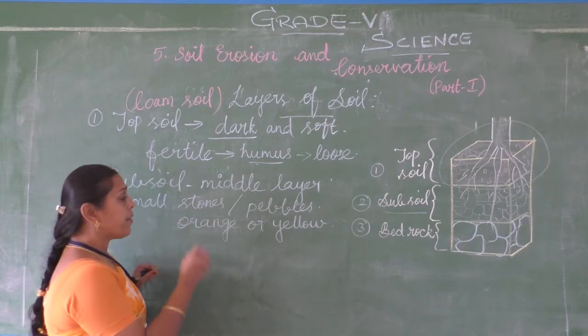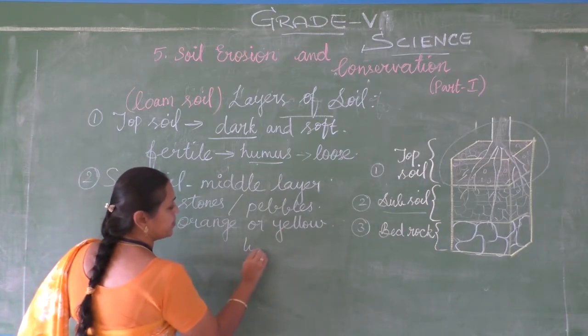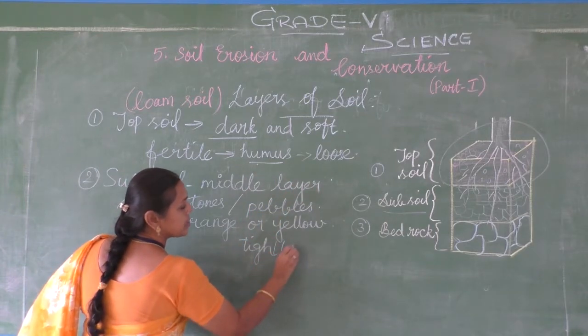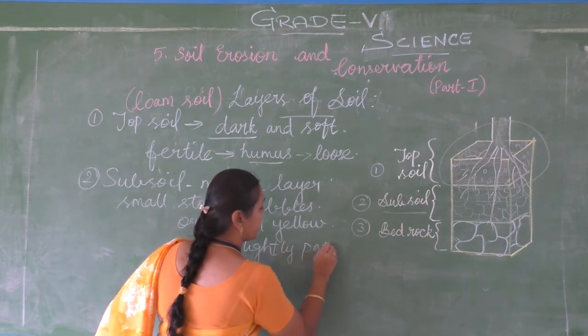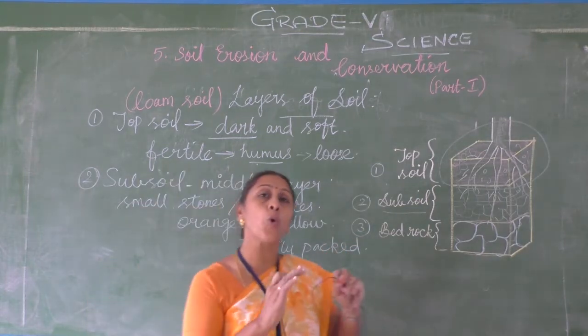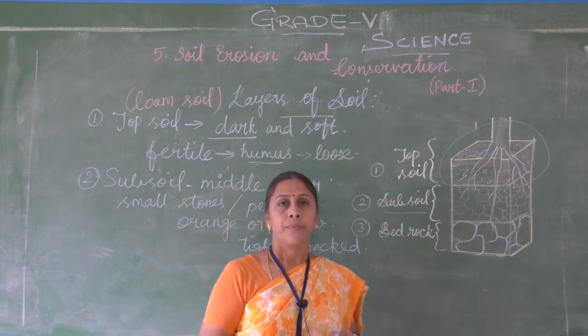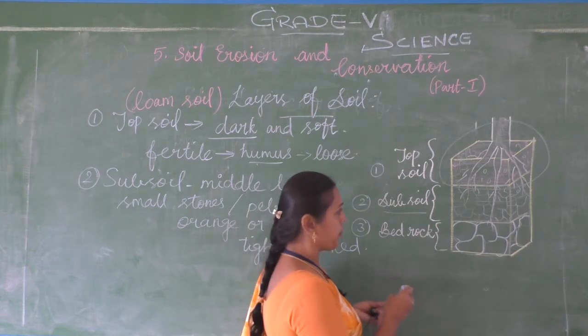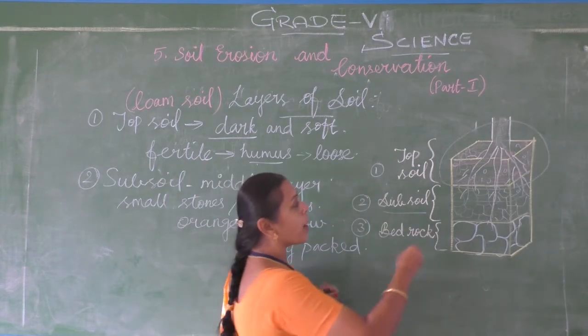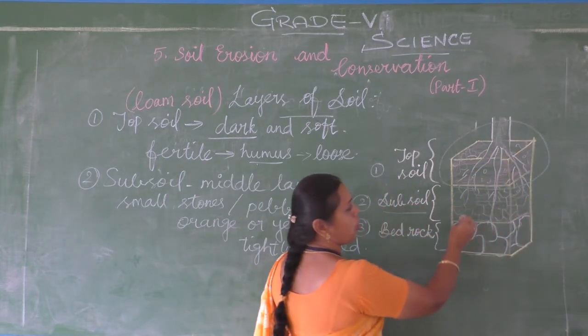And it will be tightly packed. Here the topsoil is loosely packed, and this subsoil is tightly packed. There won't be much space. There will be space, but only a little. See, for example, in this diagram, you can see the root part of the plant entering into the soil. Can you see here?